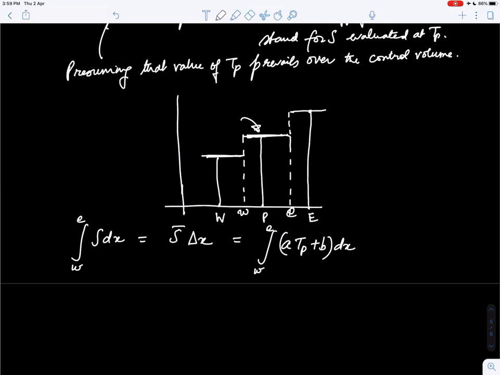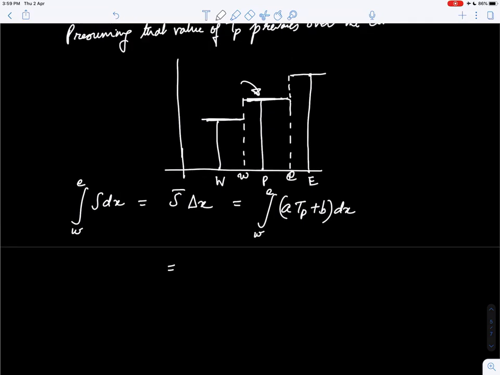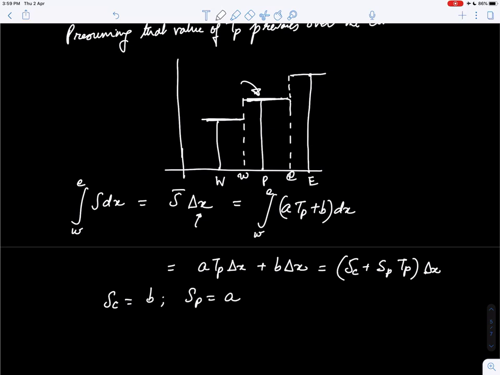So between E and W the face length is delta x, A is a constant, and Tp is a constant over the entire control volume. So we get A Tp delta x plus B delta x, and comparing this with S bar, which we said is Sc plus Sp Tp times delta x, Sc is the constant part and Sp is A.